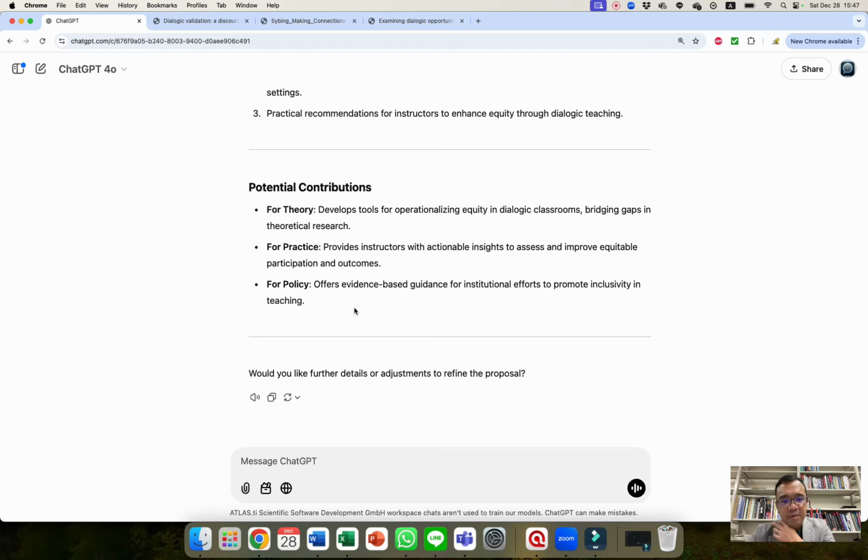A couple of things that would be useful to think about when using ChatGPT, because we're going to wrap up. During the early stages of the use of generative AI, I would probably be hesitant to copy and paste even small parts of this proposal into a document that you would be writing on your own.